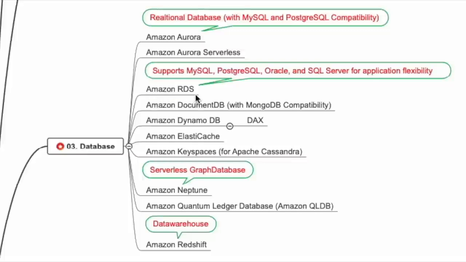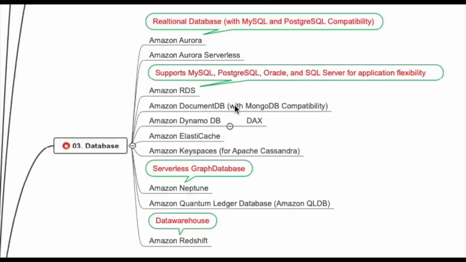Amazon RDS is a database managed by AWS that supports MySQL, PostgreSQL, Oracle, and SQL Server. And there is Aurora, a fully managed RDB built by AWS that is compatible with MySQL and PostgreSQL. There is also a service that provides Aurora in a serverless form.